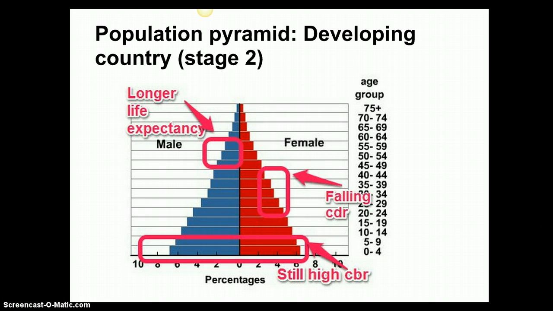So people are getting older and older. The cohorts of the age groups higher up are getting broader and broader, which means that people are living longer. So you do see some development in healthcare, in medicines, and in schooling. You would probably see a better focus on women and women's health.